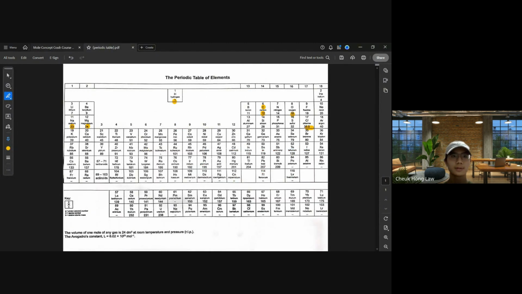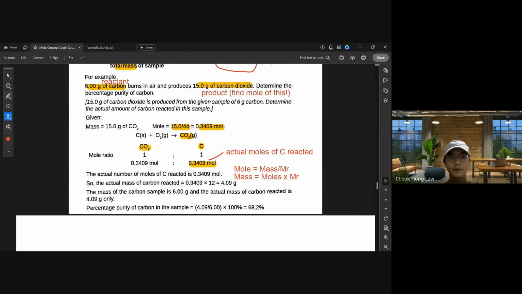Okay. So in order to find the mass, 0.3409 times 12. Okay, it'll give me 4.09 grams. So what does this 4.09 grams represent? It represents the actual mass of carbon reacted.